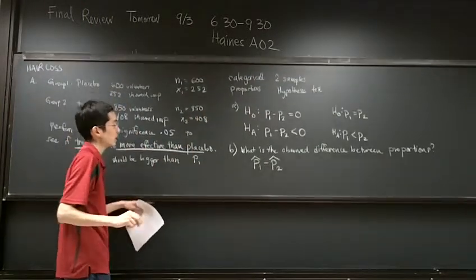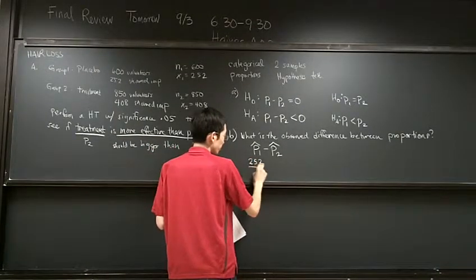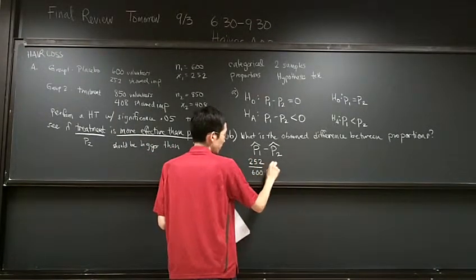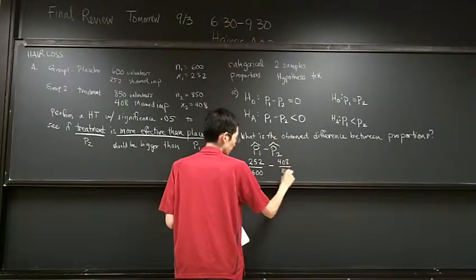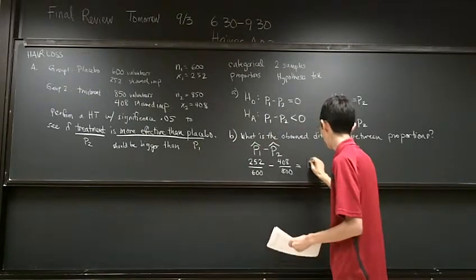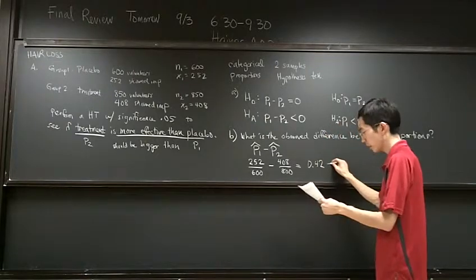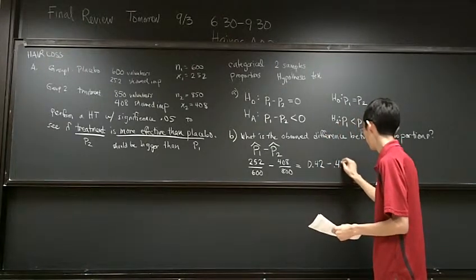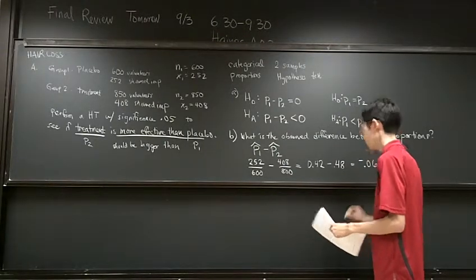So P1 hat is 252 over 600, and P2 hat is 408 divided by 850. Okay? So this is 0.42 minus 0.48, so I get negative 0.06.